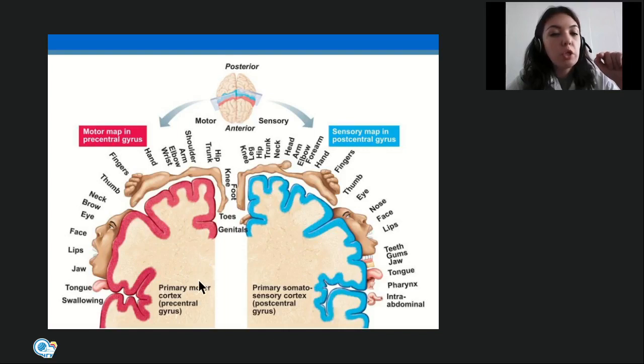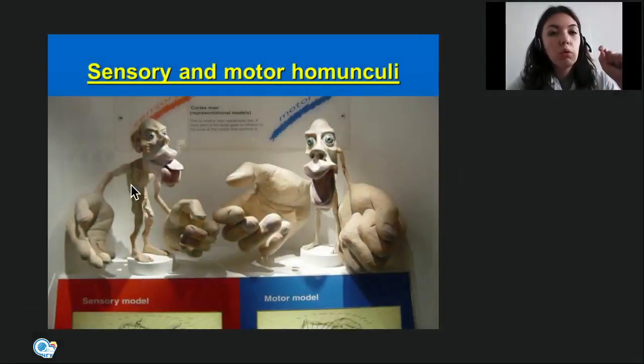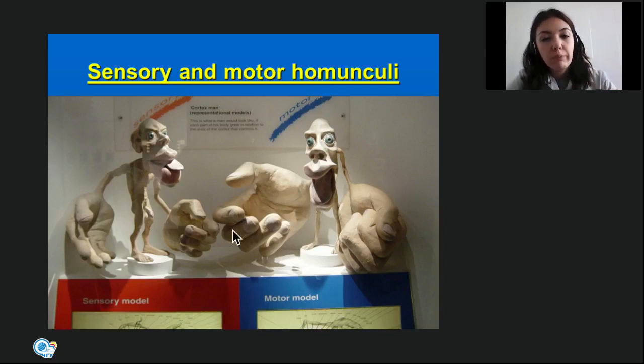And fibers which are connected with head and neck regions occupy the lower parts of these gyri. Such an arrangement is known as sensory and motor homunculi. Homunculus means small human. And here you can see it.